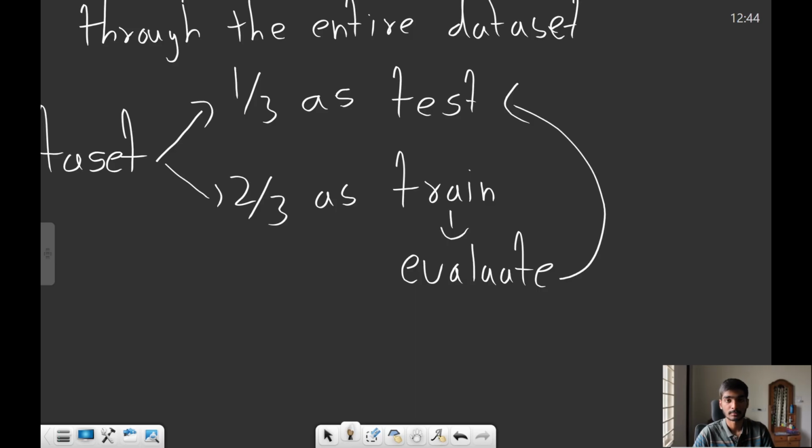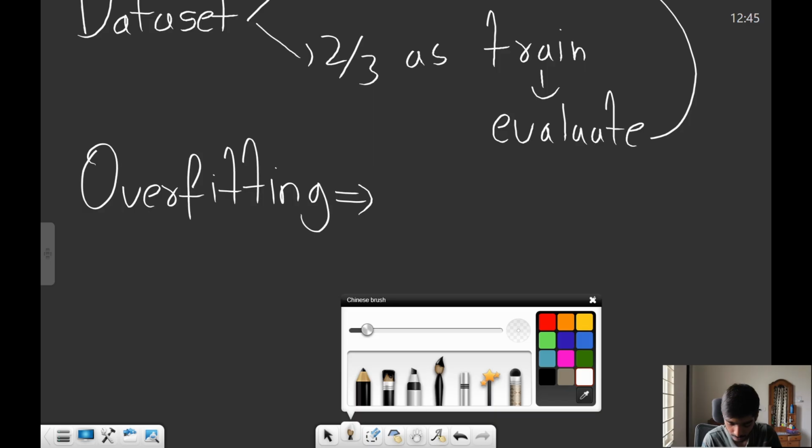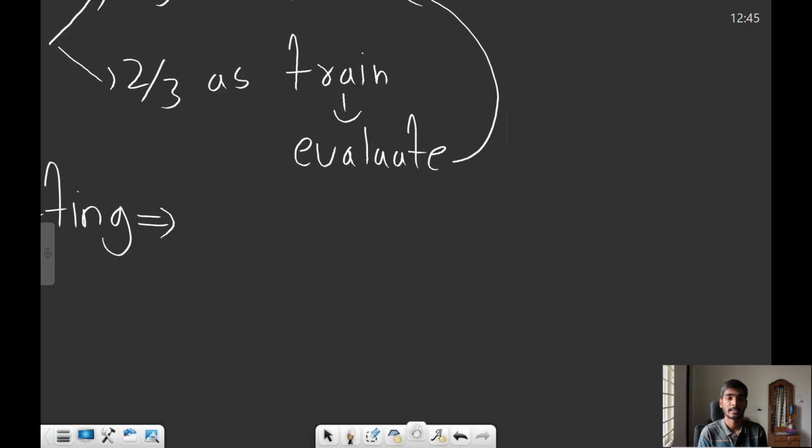This is where the terms overfitting and underfitting come into the picture. Overfitting is when your model just tries to memorize the data points from the input training data, and instead of learning the underlying patterns, it just remembers the values. It performs well on training data, like it gives 100% accuracy on training data.